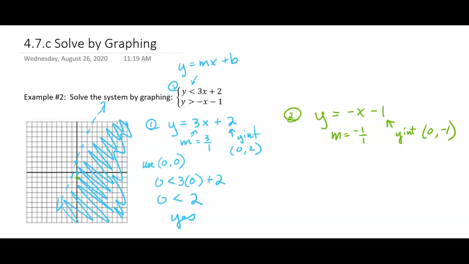And now I can go down 1 and to the right 1. Now remember, it's negative slope, so it needs to be headed in the other direction. Or I can go up 1 and back 1. It's kind of hard to see my little points here maybe, but hopefully you can see them. And so now that has a slope of negative 1. Check to see, is it dotted or solid? It's a dotted line again.